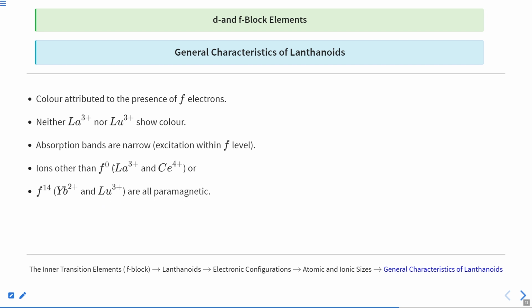Since these have no unpaired electrons, they are all diamagnetic. Except these four, all are paramagnetic. So this is very important: only lanthanum 3 plus, cerium 4 plus, ytterbium 2 plus, and lutetium 3 plus are diamagnetic. Except these four, all are paramagnetic.